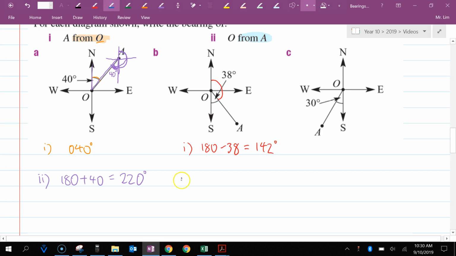Part 2. Because this is less than 180, I'm just going to add 180 to it. 142 plus 180 is equal to 322 degrees.